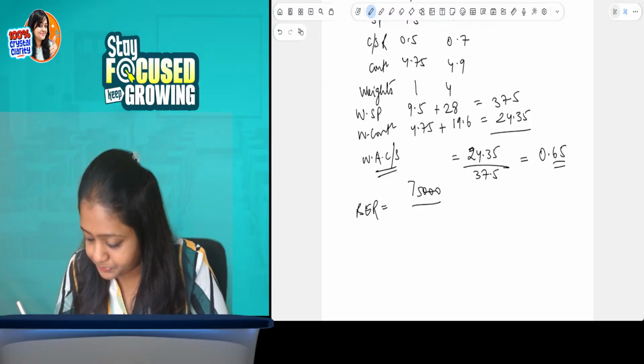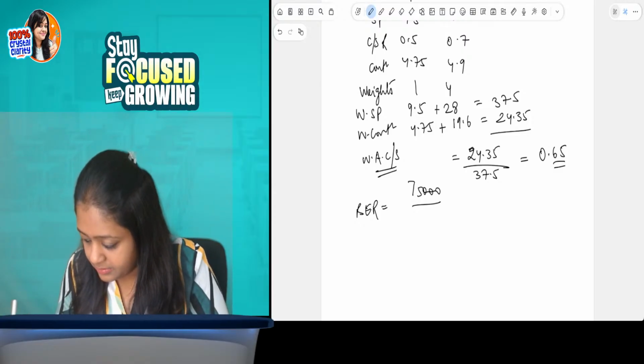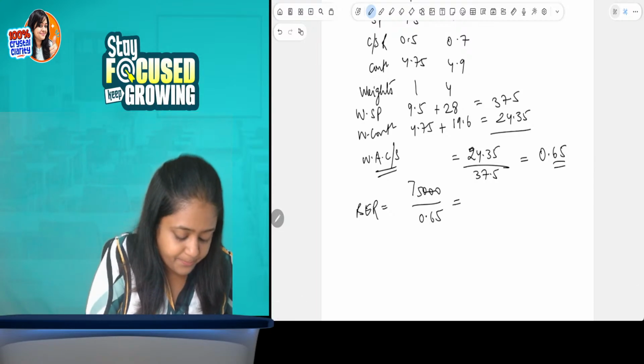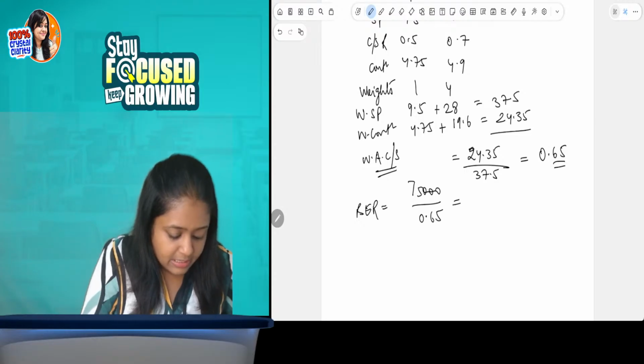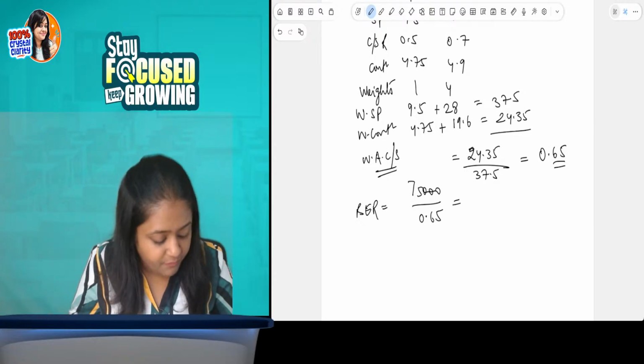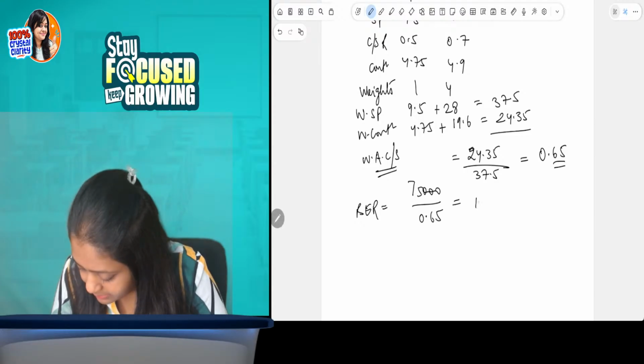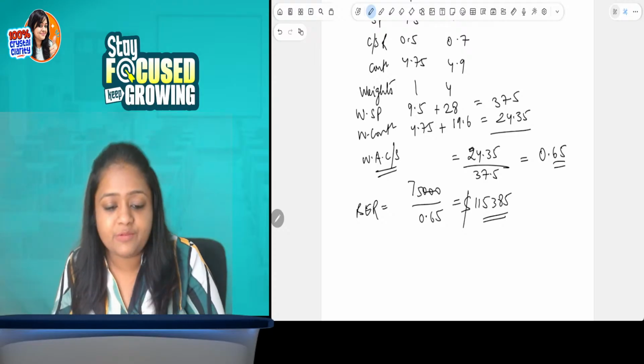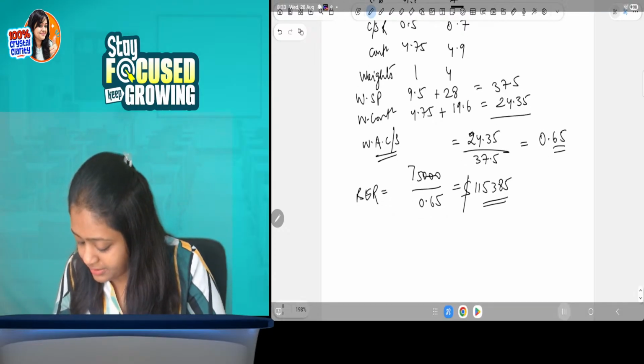So here I have 75,000 divided by 0.65. That is approximately 115,385 that I am getting. Now let's see which is the nearest answer for 115,385.